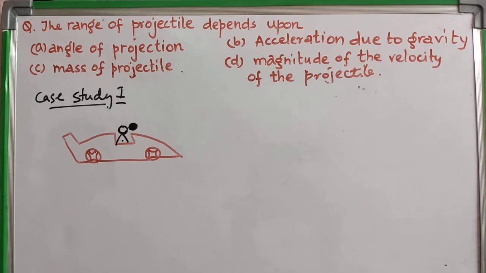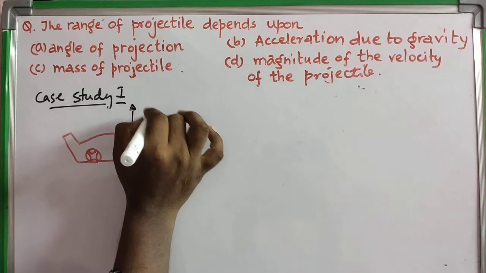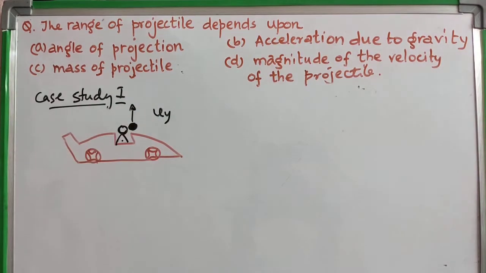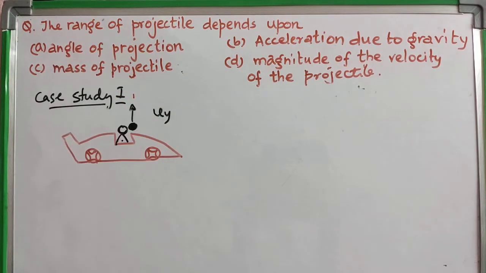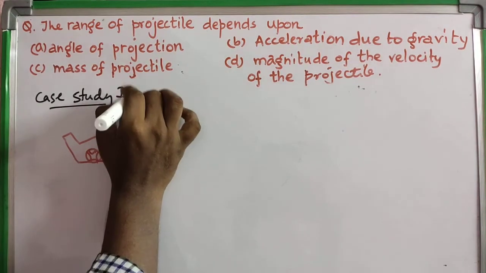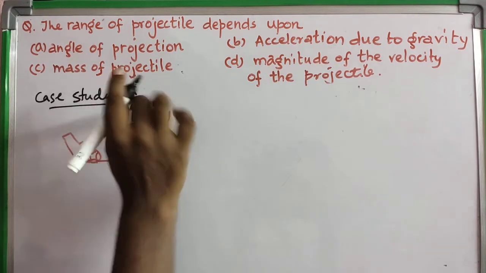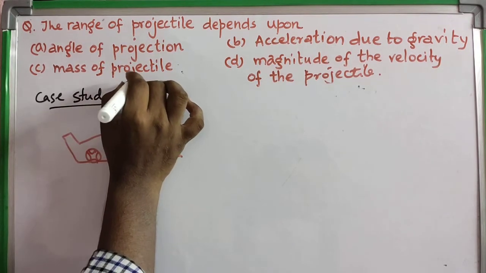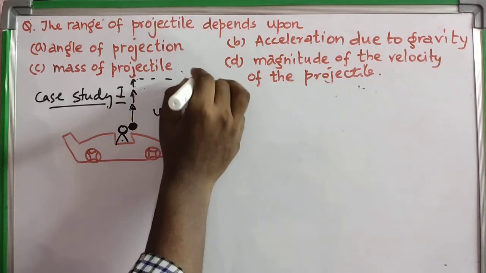I told him to throw the iron ball vertically upward with velocity uy. Thrown with velocity uy, it went up to a certain height h. Let's consider this as height h.